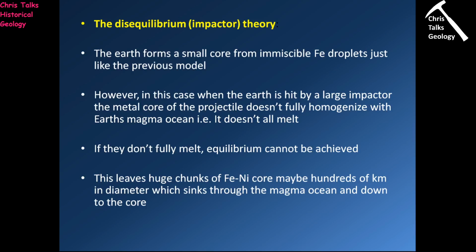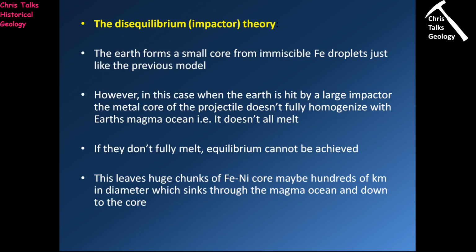As soon as the two planets are combined, the core of the projectile is going to drop very, very quickly towards the Earth's core. It's going to fall fast. And it's going to fall so quickly that the core from this projectile will not have time to fully melt and become incorporated into the magma ocean. So therefore it will never have equilibrated with the magma ocean.